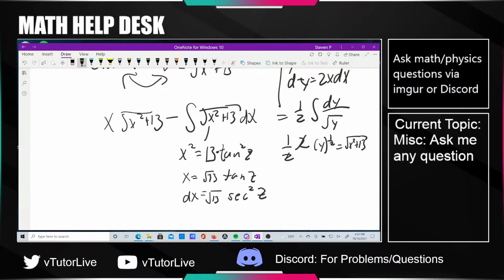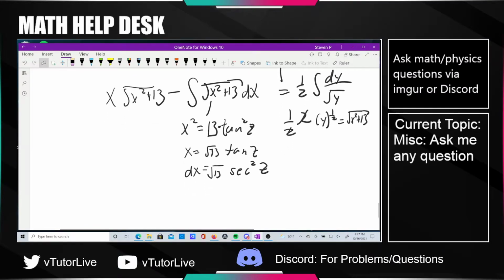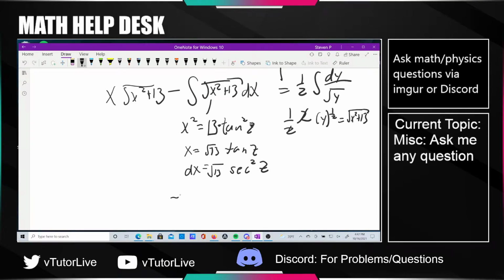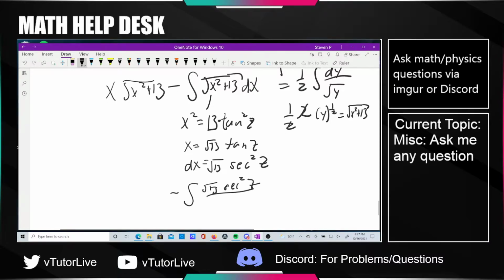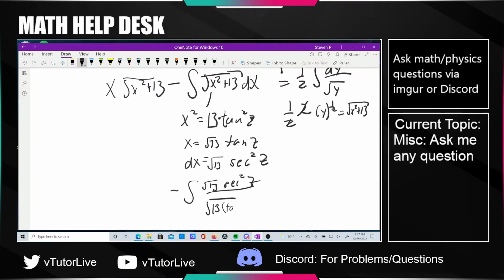And we'll go over a lot more problems like these in the second part of the set. But what does this start to look like? Integral of rad 13 secant squared of z divided by, okay, so this turns into 13 times tan squared of z plus 1, right?